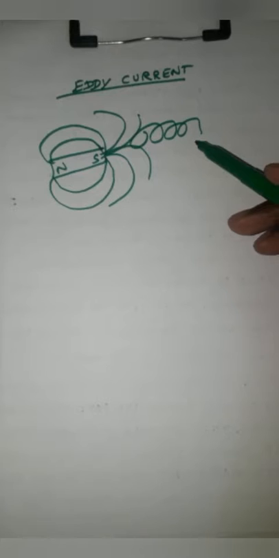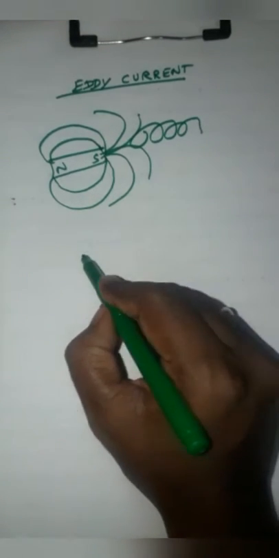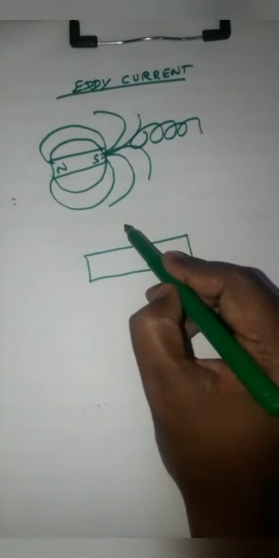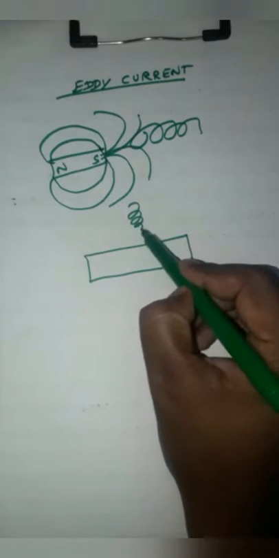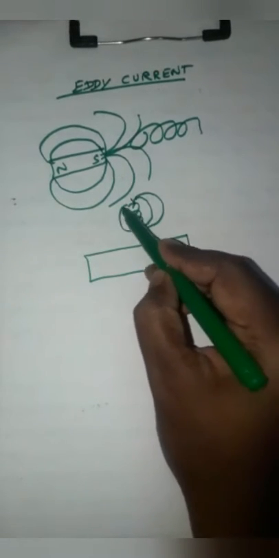induced EMF. Now we are taking this metal in a sheet form or in a solid form. A current carrying conductor acts as a magnet.